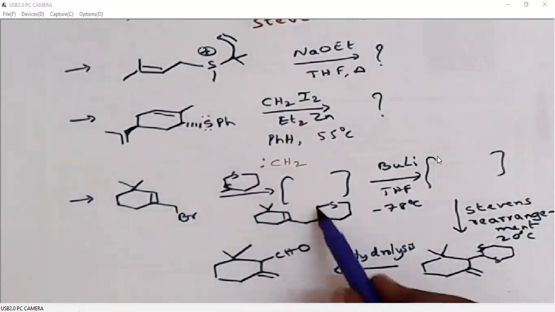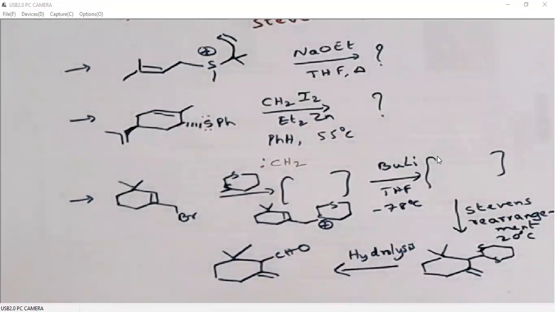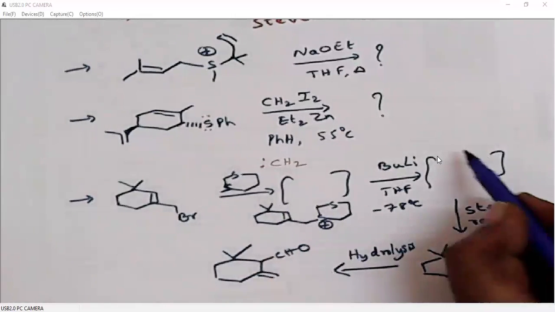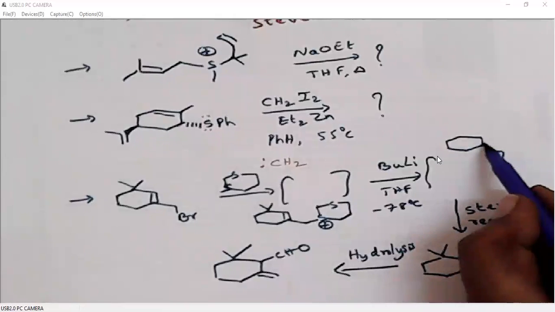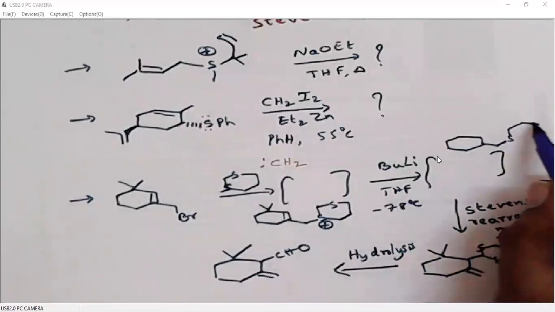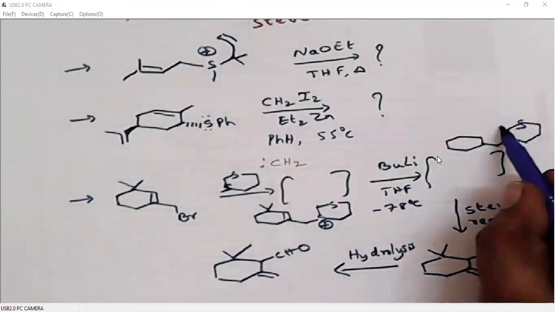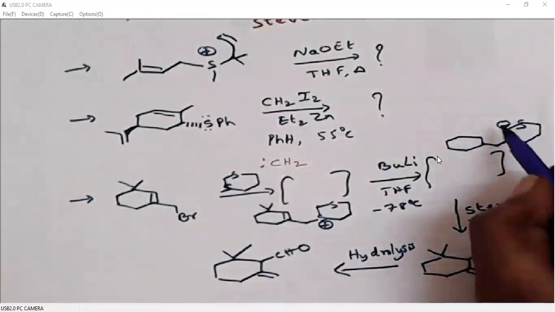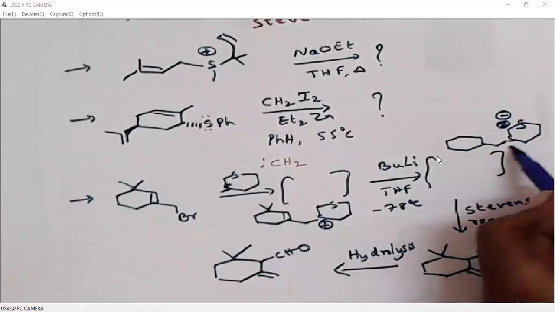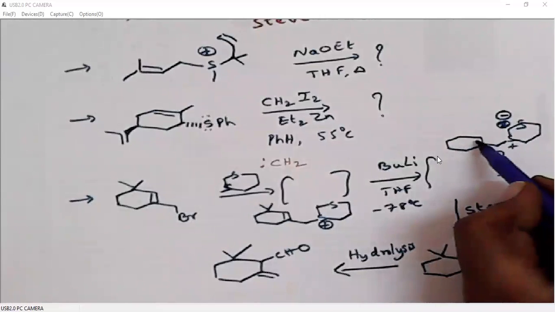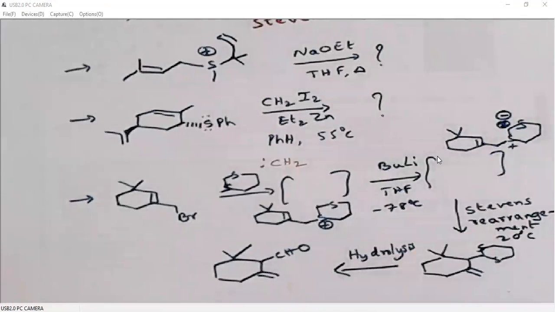Negative charge between the two sulfur atoms. Sorry, it is positive charge on sulfur. Then this undergoes 2,3 rearrangement to give this product. This upon hydrolysis, we will get the aldehyde.